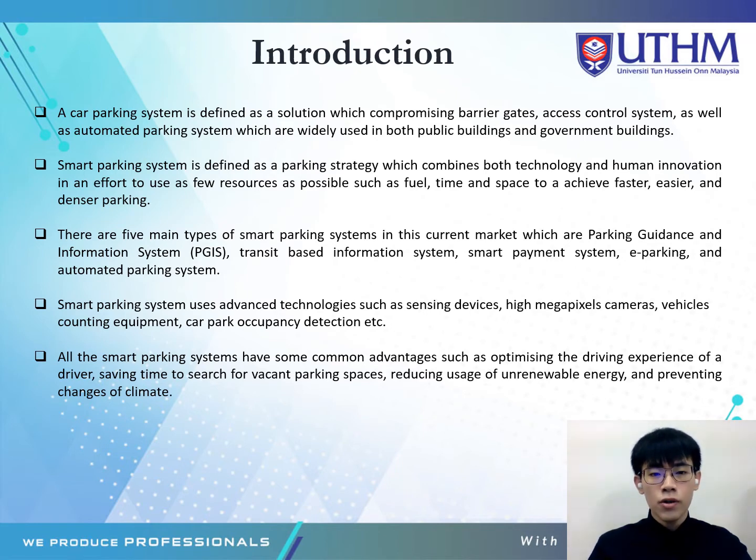Smart parking system uses advanced technologies such as sensing devices, high megapixel cameras, vehicle scouting equipment, car occupancy detection, etc. All the smart parking systems have some common advantages, such as optimizing the driving experience of a driver, saving time to search for vacant parking spaces, reducing usage of unrenewable energy, and preventing changes in climate.